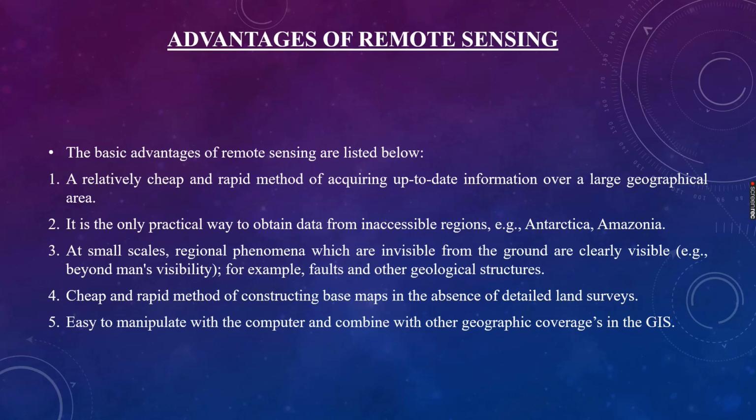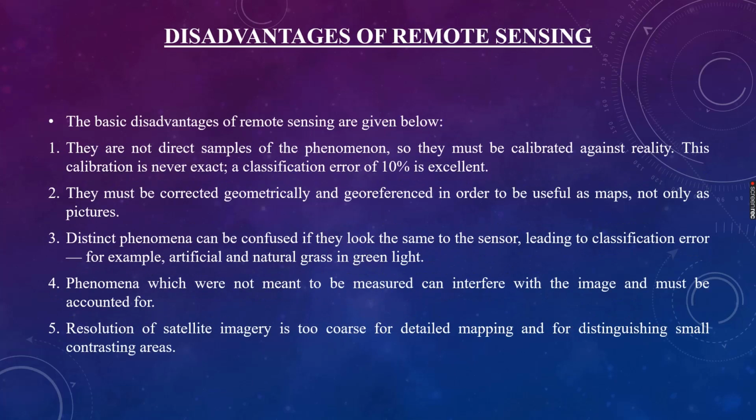Now, talking about the advantages, it is very necessary to look at the disadvantages of remote sensing as well. So, moving on to the disadvantages of remote sensing. The first disadvantage is that the images are not error free.